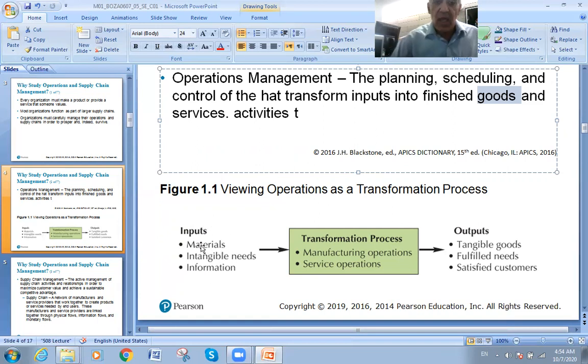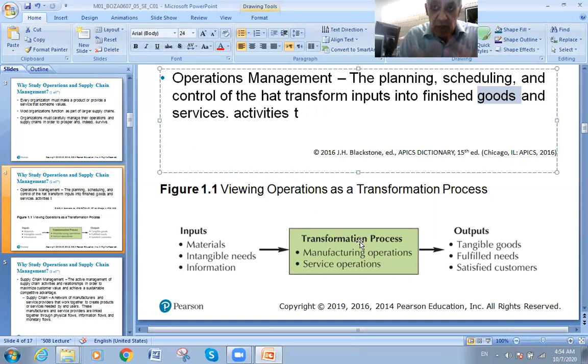Okay, those are the inputs here: materials, intangible needs, information, whatever. And we will make a transformation process. Here you have the wheat, the inputs. On this side, you have the wheat, the salt, the baking. You have to make a transformation process, which is the stove.